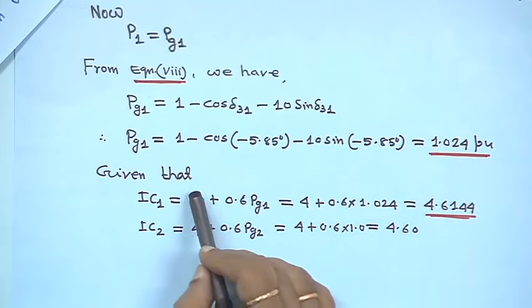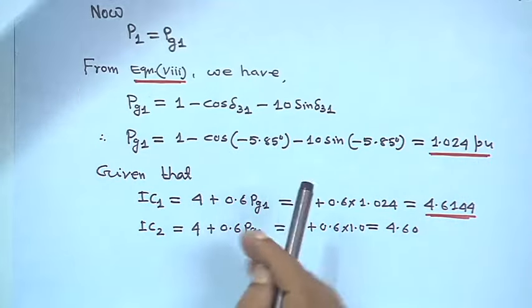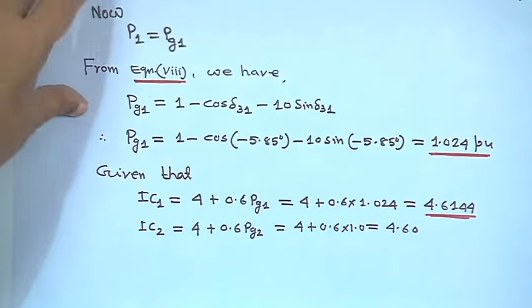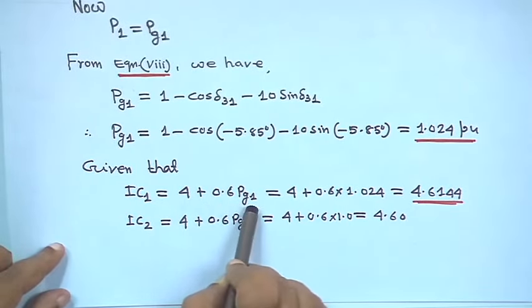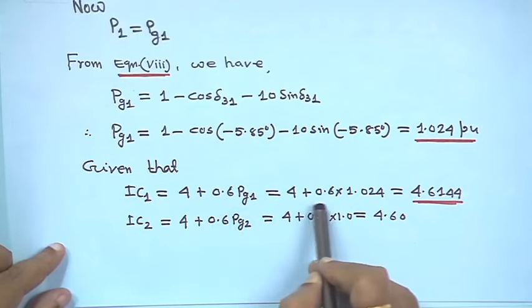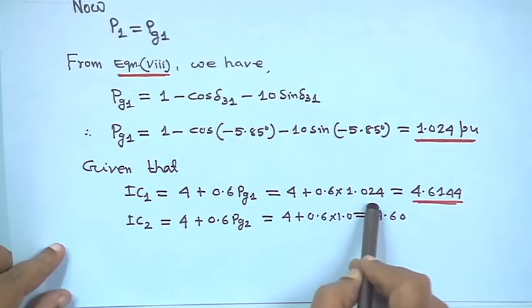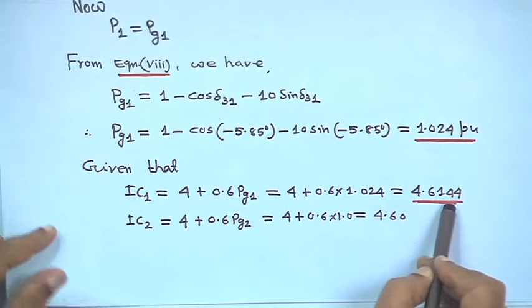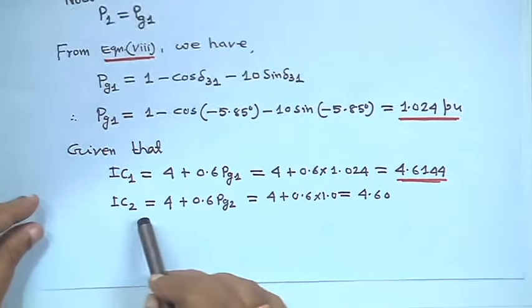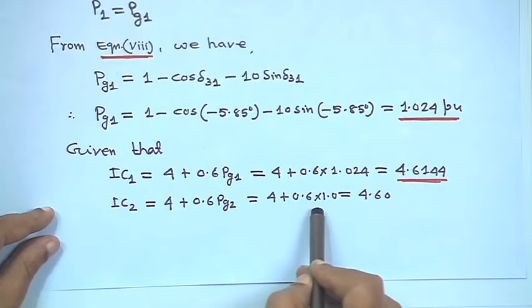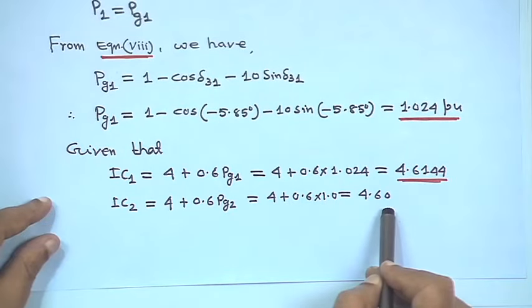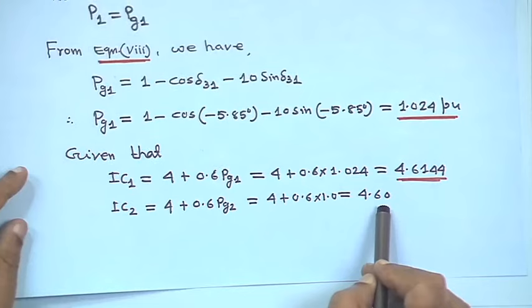And it is given in the cost characteristic that the incremental cost IC1 is equal to 4 plus 0.6 Pg1, is equal to 4 plus 0.6 into 1.024, that is 4.6144, right. Similarly, IC2 is equal to 4 plus 0.6 Pg2, is equal to 4 plus 0.6 into 1, that is 4.60, right. This we are getting.